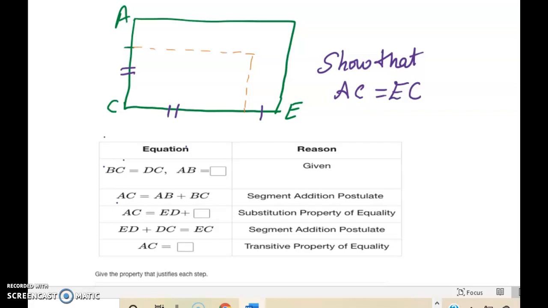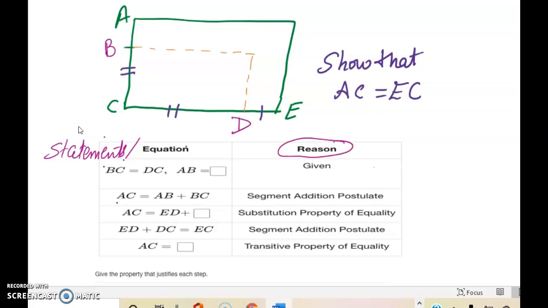Let's call the point between A and C as B, and between C and E as D. They have given us a little bit of the proof, which is my statements, and this is the reasoning part. First is always given.